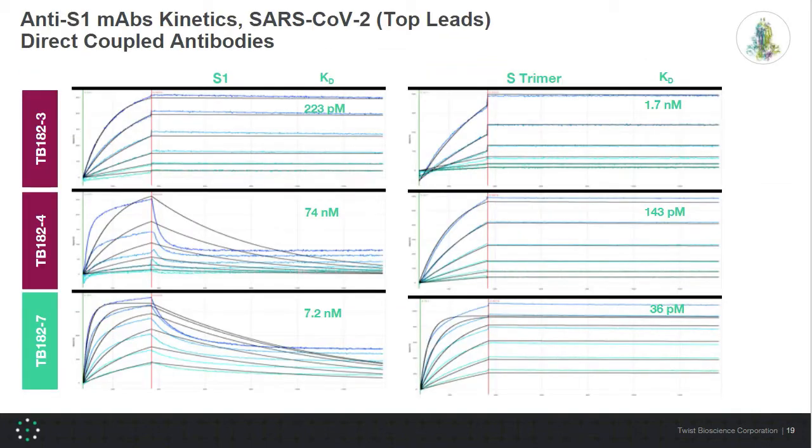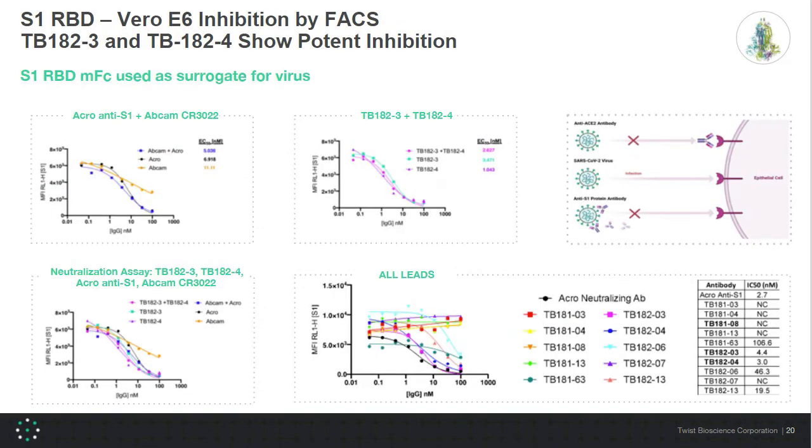Shown here is just one example where we used this against SARS-CoV-2, and we were able to find a number of antibodies that had nanomolar to even picomolar binding to either S1 or S1 trimer, really showing the power of the platform to pull out very high affinity as well as specific antibodies to the SARS-CoV-2 spike protein. These antibodies also showed great inhibition in terms of blocking the S1 ACE2 interaction.